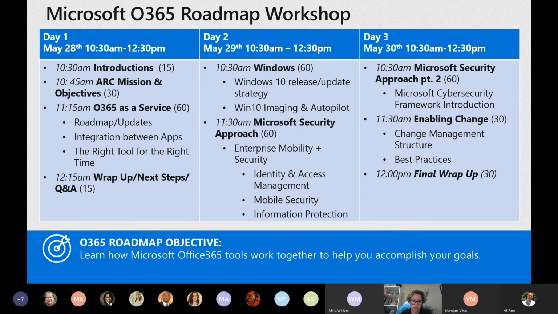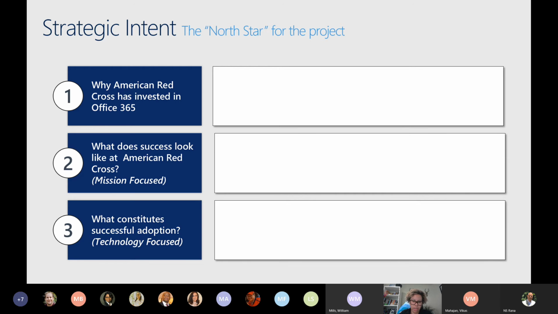And then the third component is we're here talking about IT, so at some point IT has to be a focus of this discussion. What is successful adoption from a technology perspective? How do you know when things are successfully deployed, or what is your benchmark on IT success?